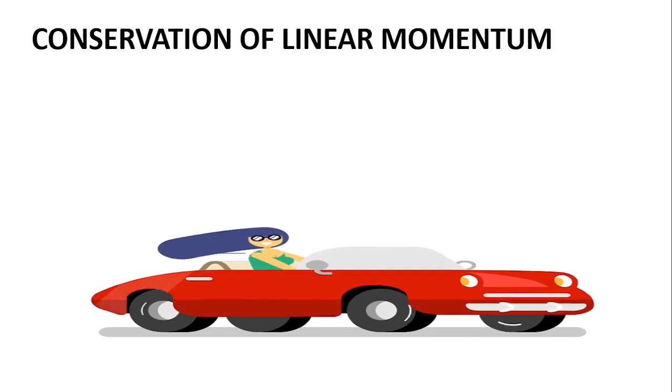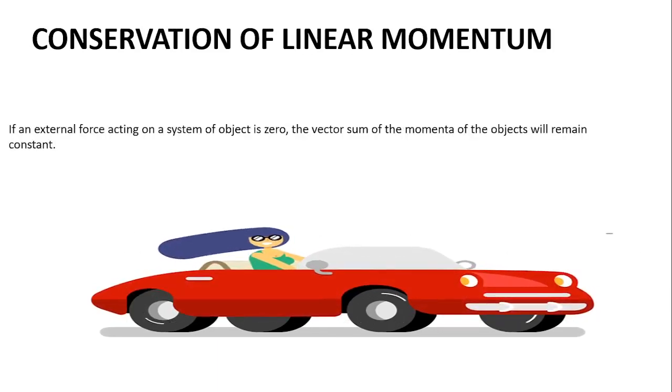Okay, from there we can look at conservation of linear momentum. One thing that you need to understand is, if the external force acting on a system of objects is zero, that simply means that the vector sum of momenta of the objects will remain constant.